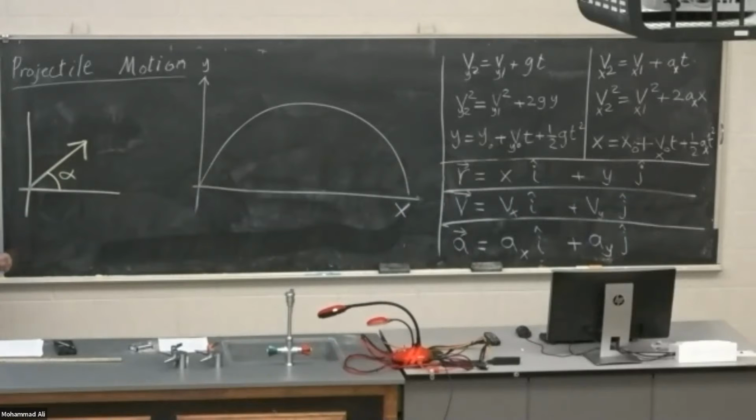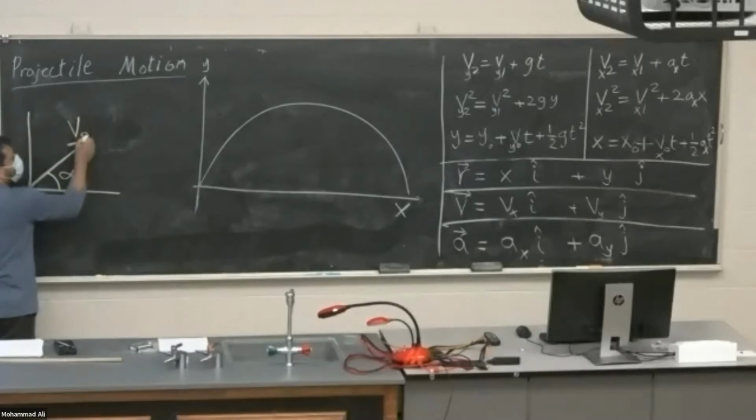So the initial motion for my object is with angle alpha and with velocity v0, at time t equals 0.